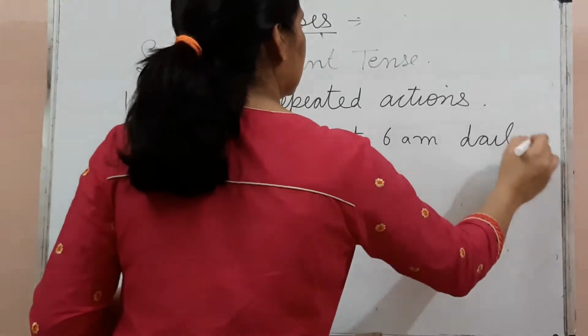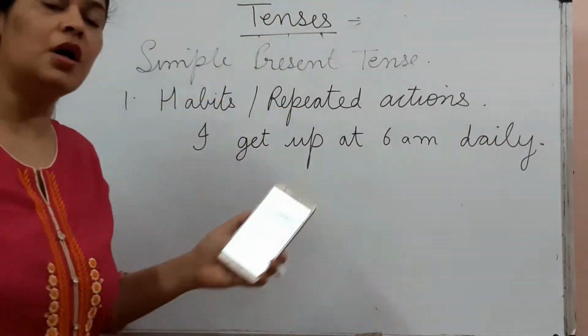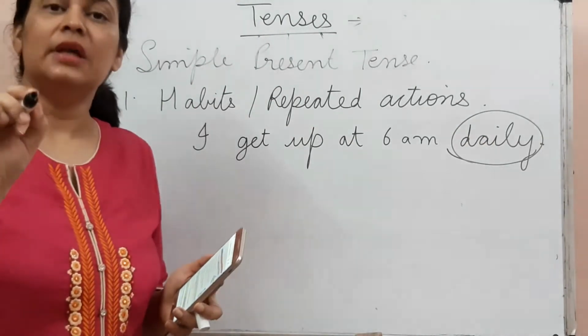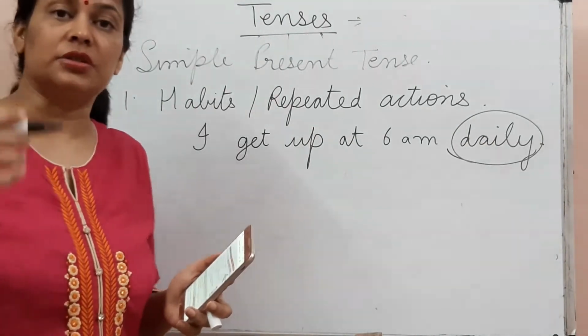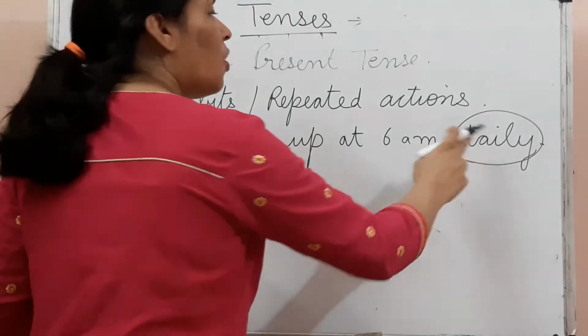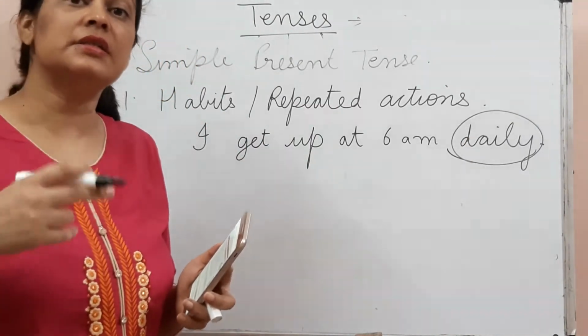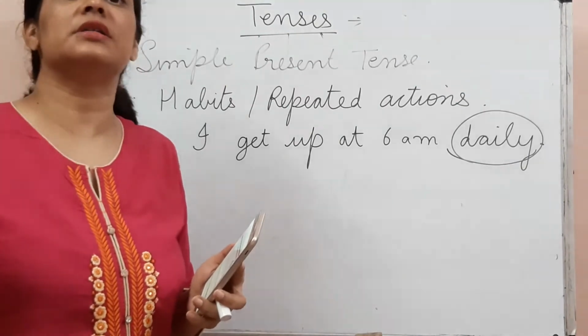Okay, it is daily. So this word daily tells you that this is a repeated action. This is an adverb of frequency. So that is telling you that this is a repeated action or it is a habit.